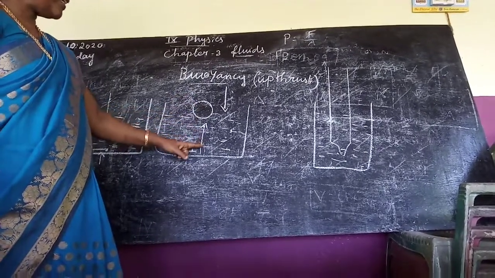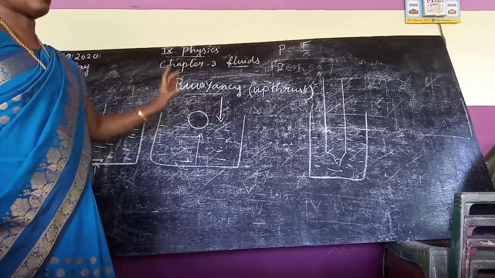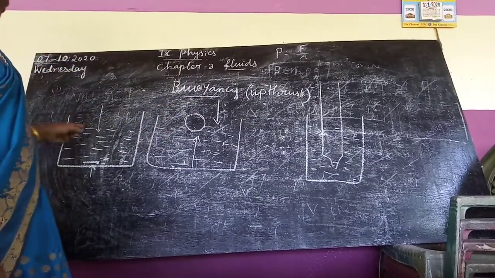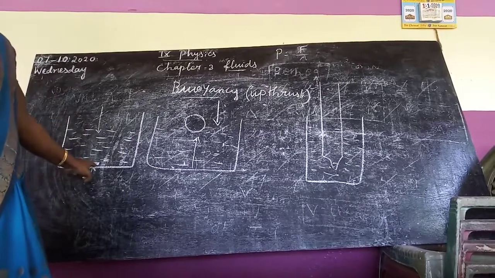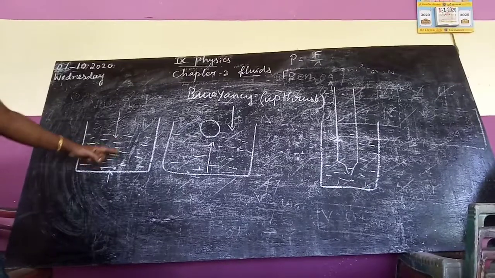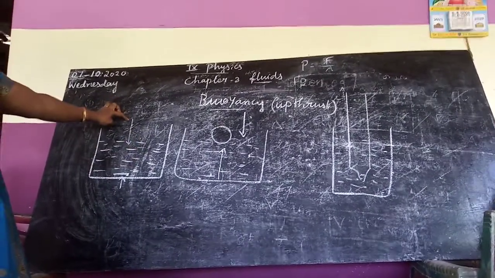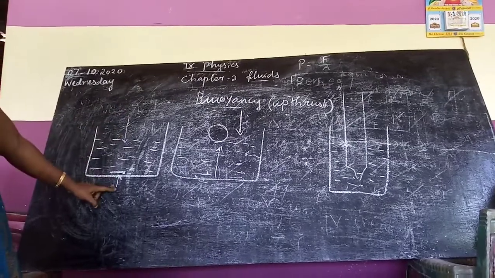Here the upthrust force is greater than the gravitational force. Now see the object sink. Why does the object sink? Here the weight of the object is greater than the weight of the liquid. Now the gravitational force is greater than the upthrust force.